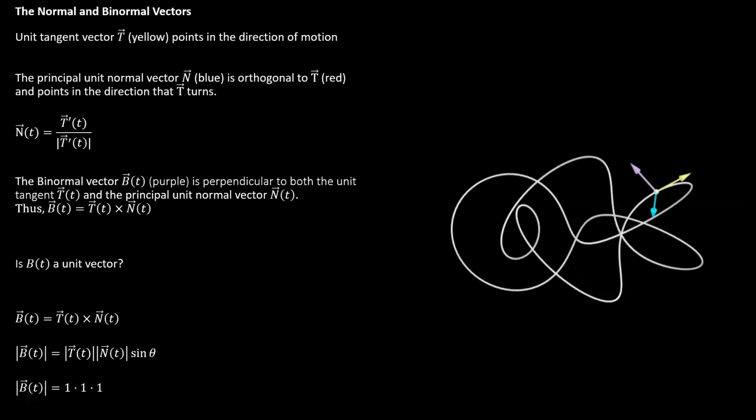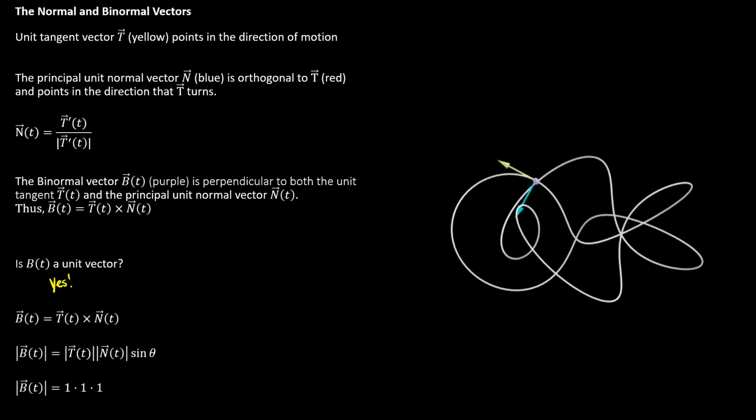It turns out that the angle between T and N is pi over 2, so sine theta would be 1. The magnitude of the unit tangent is 1. The magnitude of the unit normal is 1. So the result says that the magnitude of B, this binormal vector, is also 1, meaning it is a unit vector.